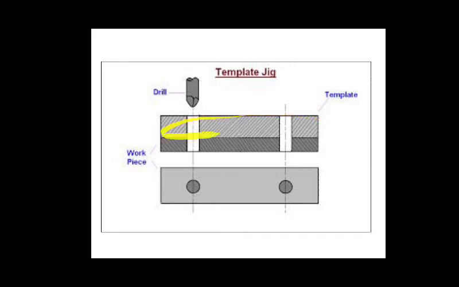It is simply a plate the size of the workpiece with the required number of holes made in it accurately. A simple template type of jig, as you can see here: on the bottom the workpiece is there and on the top the template jig is there.